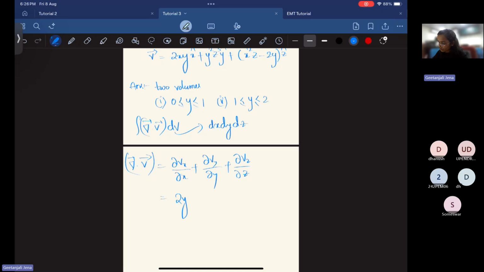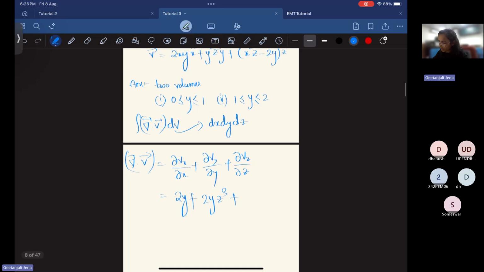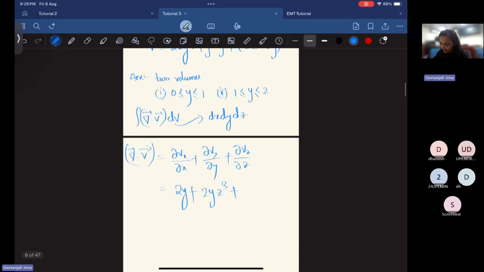So this will give 2y, sorry, there will be no unit vector. This will be 2y, and this will give 2y z cube, and the third will give dou v by dou z, which gives x square. So you have 2y times 1 plus z cube plus x square.